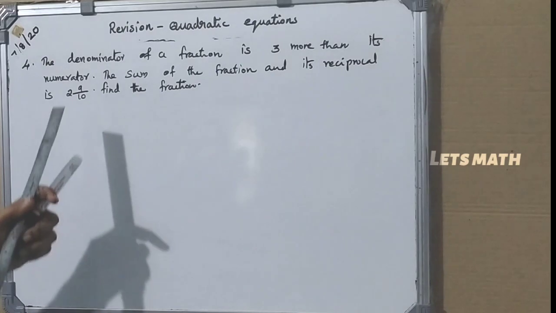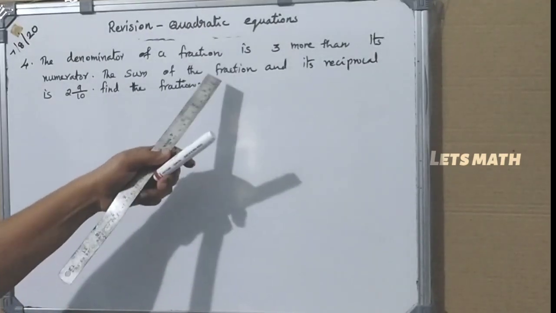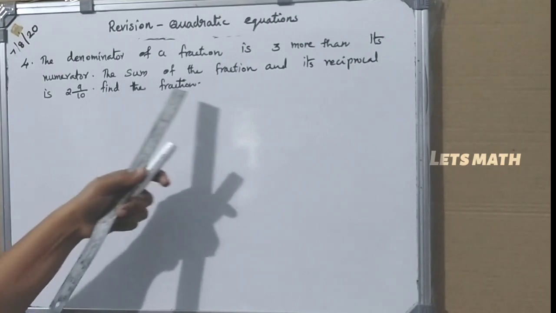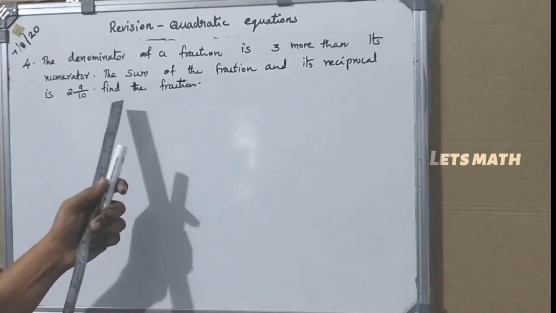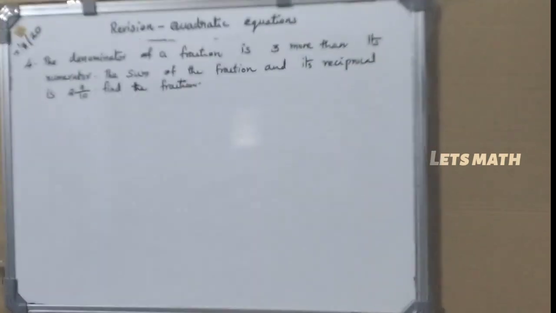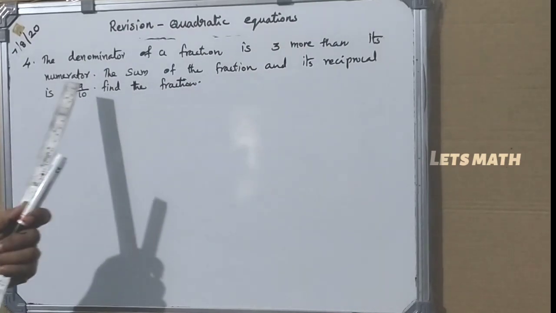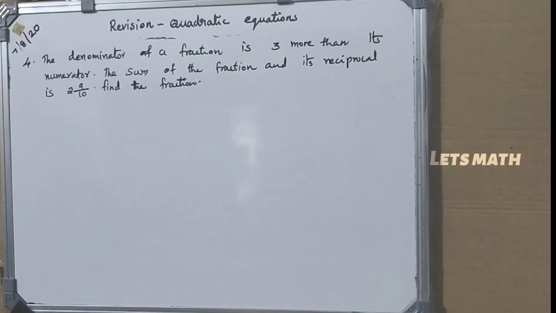Fourth question. The denominator of a fraction is 3 more than its numerator. The sum of the fraction and its reciprocal is 2, 9 by 10. Find the fraction. Here there is a relationship between the denominator and numerator of a fraction.